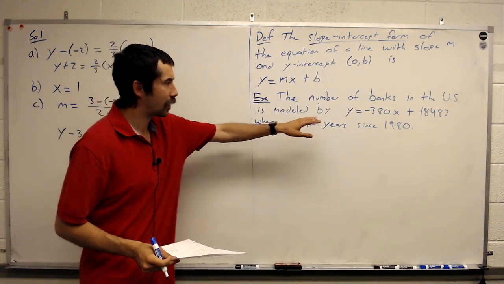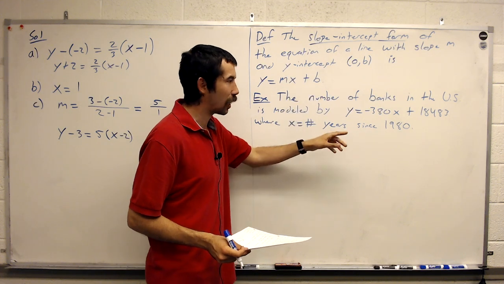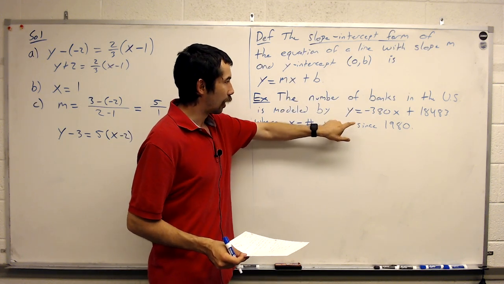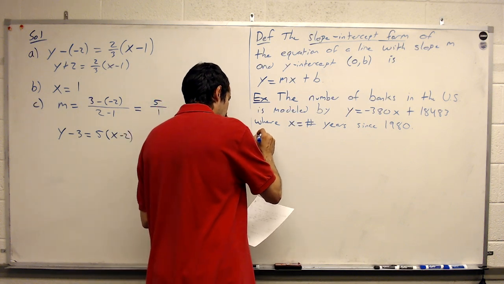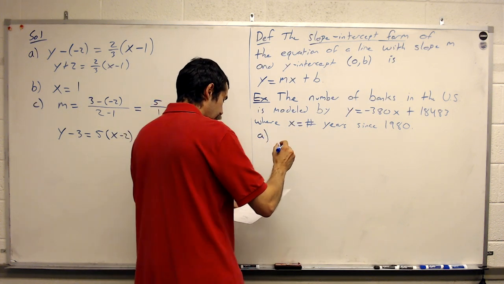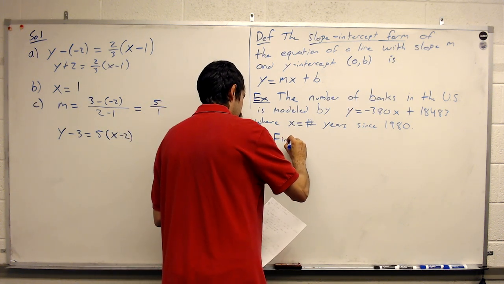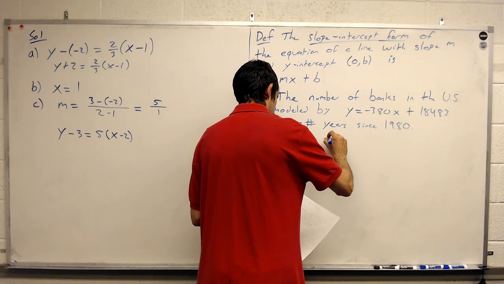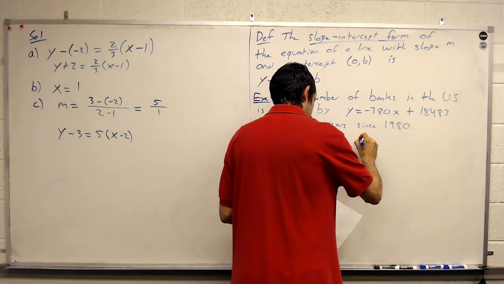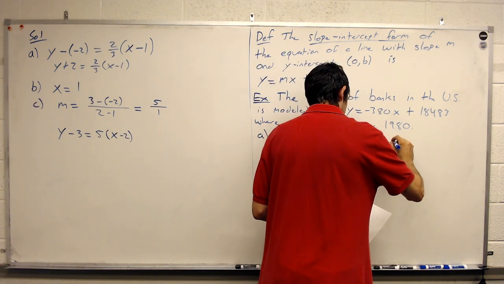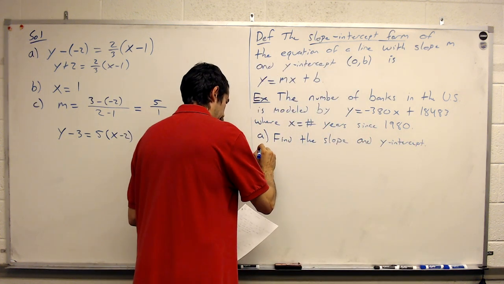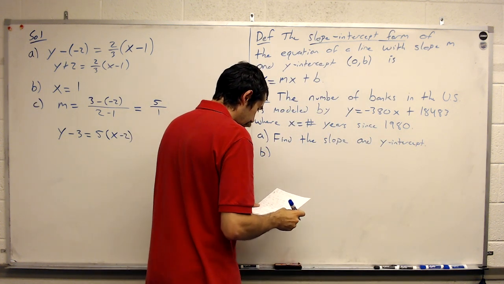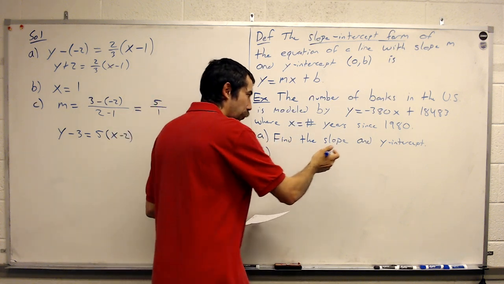All right, so we collected some data and we plotted a line that matched the data, and we got this equation. So 3 parts here. A: find the slope and y-intercept. B: interpret the y-intercept.